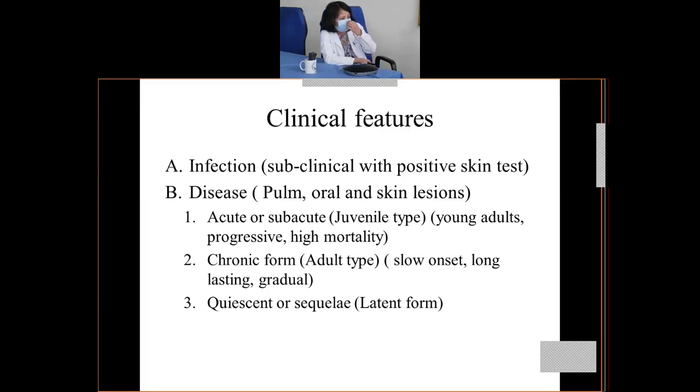Finally, there's a third type which is known as a quiescent or the sequelae type, which is a latent form of the infection. So it can again reactivate at a later stage depending upon the immune response of the human body. So it can be divided into acute or juvenile type, chronic or the adult type, and the quiescent or sequelae, that is the latent form.